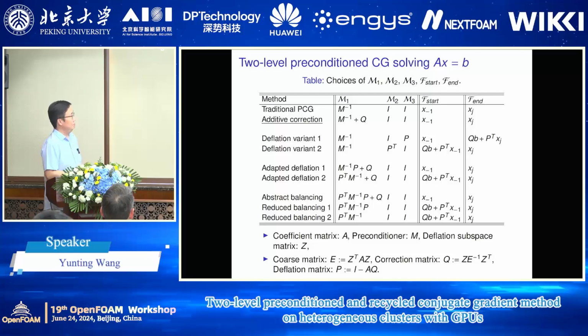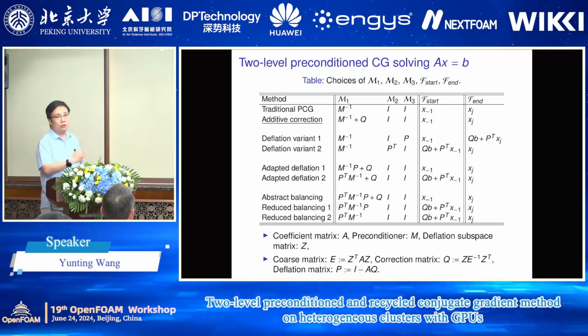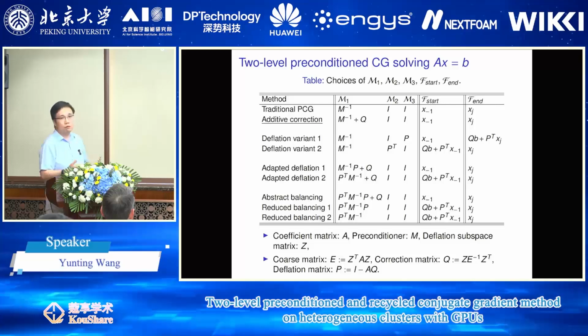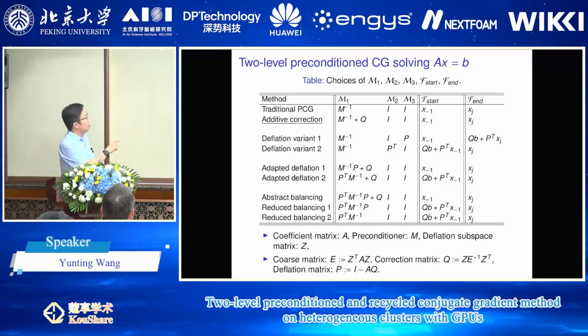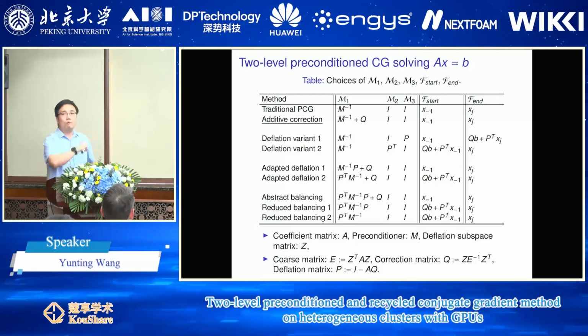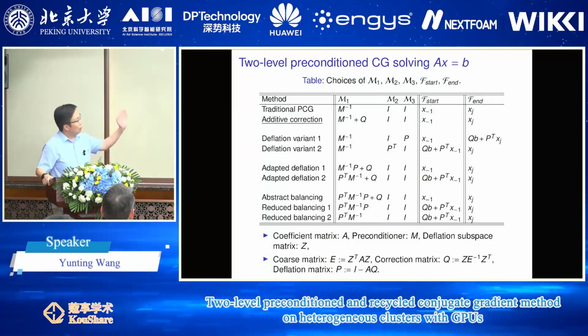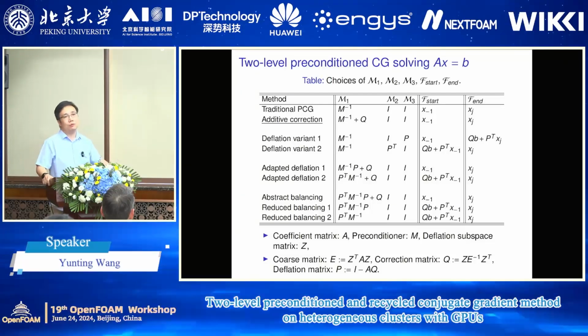There are several choices. It's not a full summary, but these are several very well-known and often used methods. If you have the traditional PCG method, you only have the M1 operator, and the other two operators are identity, so you don't have to do anything else.